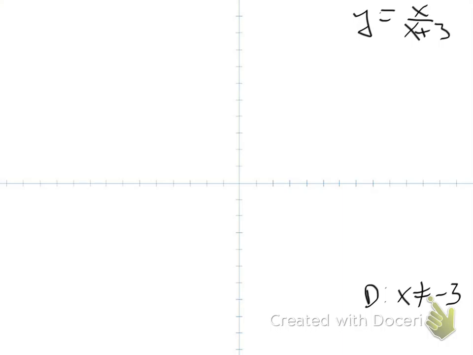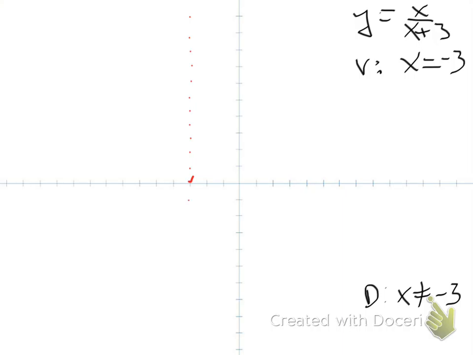Okay, the vertical asymptote. There's a vertical asymptote. The vertical asymptote, again, is the line that goes through negative 3. So if I were to draw that in, the vertical asymptote is about here, here's negative 3.